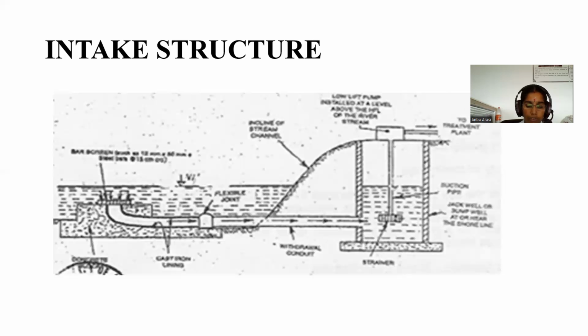The intake must never be located at the downstream or in the vicinity of the point of disposal of wastewater. When it becomes necessary to locate the intake in the close proximity of the disposal of a drain, it is advisable to construct a weir or a barrage upstream of the disposal point and install the intake upstream of the barrage.